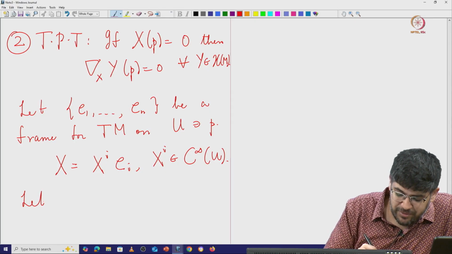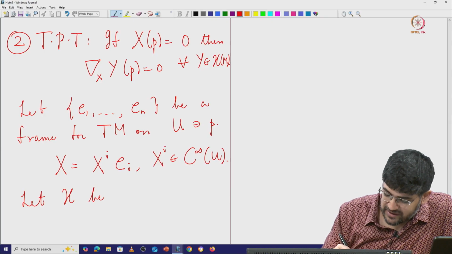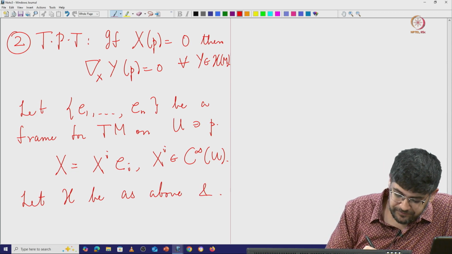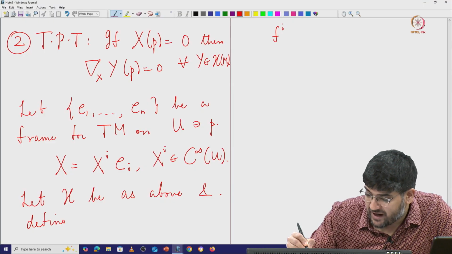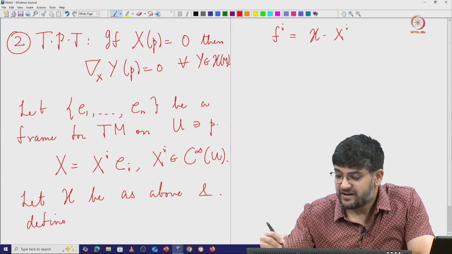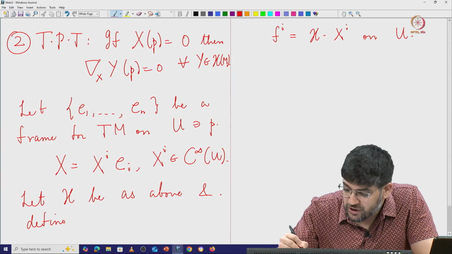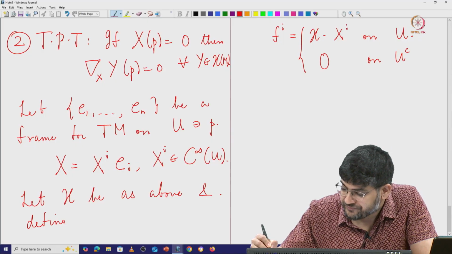Now let chi be as above, the bump function from the first part, and I define the following. I let f^i be equal to chi times x^i on U, because x^i are defined only on U, and 0 outside, okay.